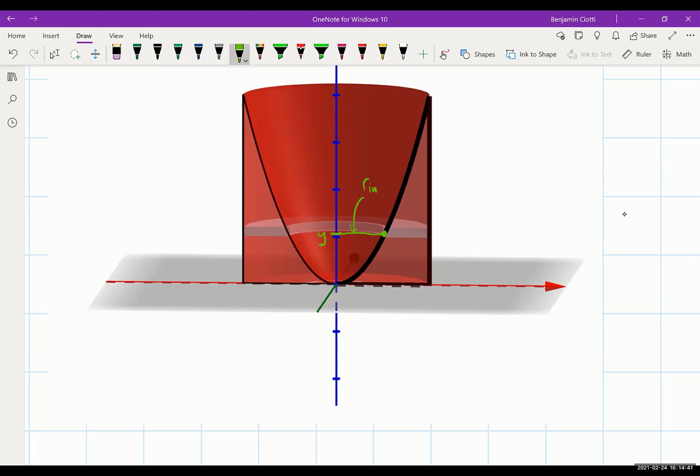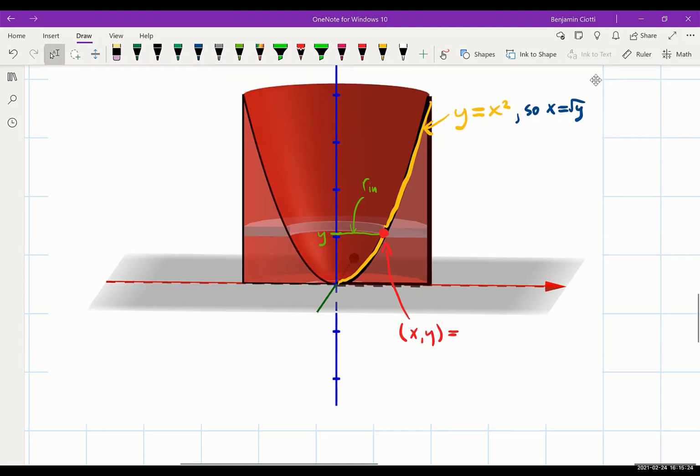In order to find it, I need to know something about this curve. This curve was given in the question to be where y is equal to x squared. So a point on that curve, which has coordinates x comma y, well, y is equal to x squared. So I can get x equivalently. I could say x is equal to the square root of y.